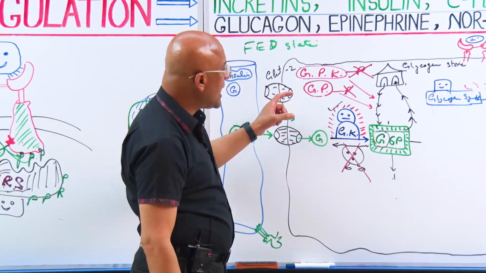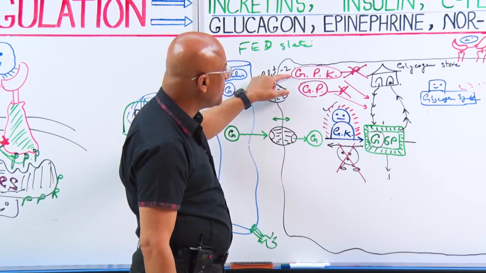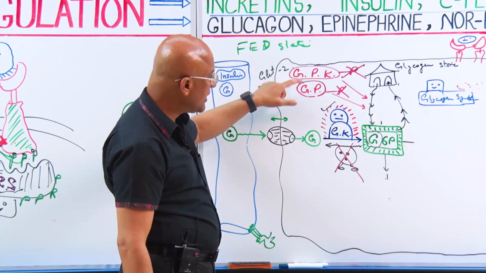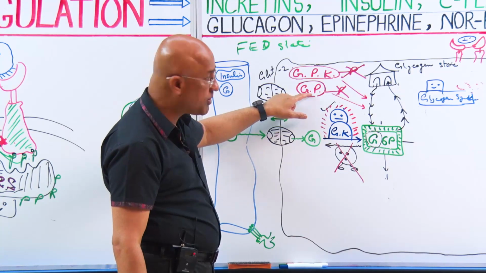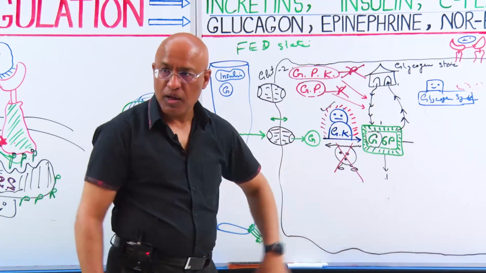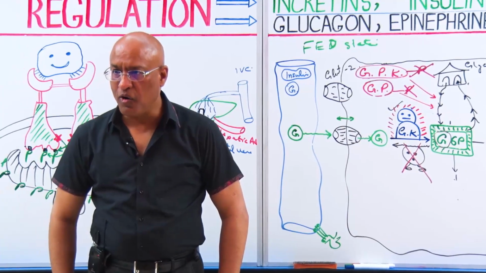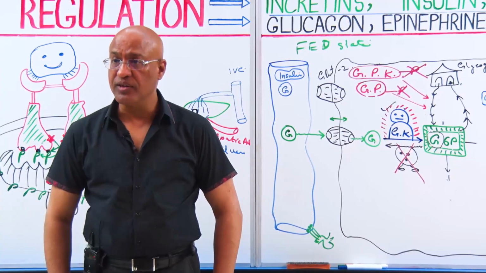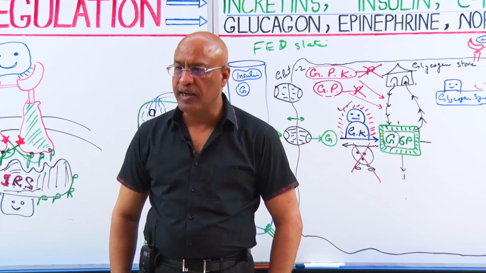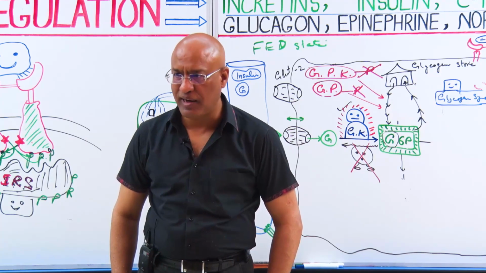When we want to break down glycogen, glycogen phosphorylase kinase becomes phosphorylated and active, and both help in the breakdown of glycogen. But in the fed state, when glucose level is high and a lot of glucose is being absorbed from the GIT, threatening to produce hyperglycemia, this is the time to make glycogen, not to break it.